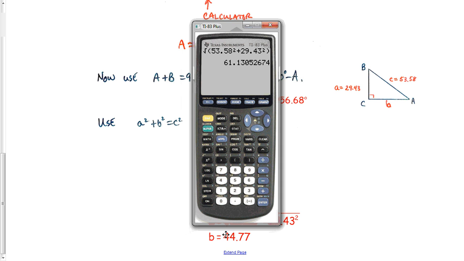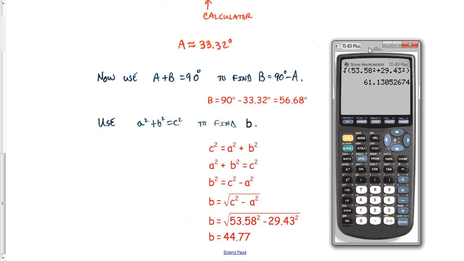If I wouldn't have already had the answer and not noticed that I put a plus, then I should be alerted. And here's why I should be alerted. I've got B as 61 point something units long. And the longest side on a right triangle has to be the hypotenuse. So B certainly could not be more than 53 units long. It couldn't be 61. And so, oh yeah, that's a bad issue here.